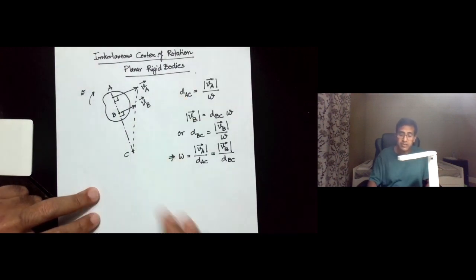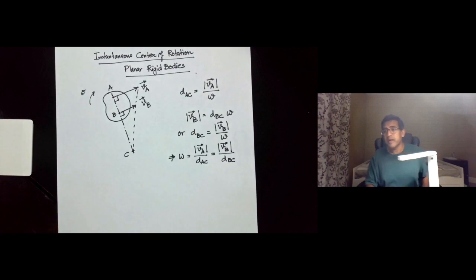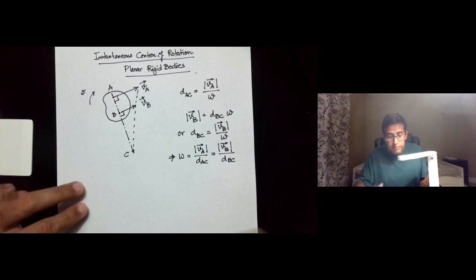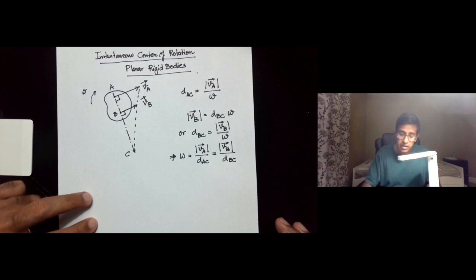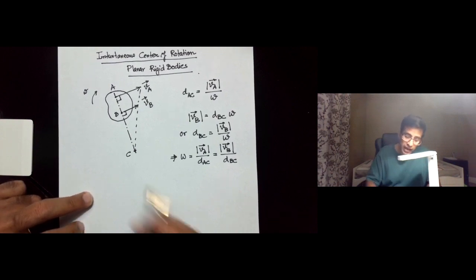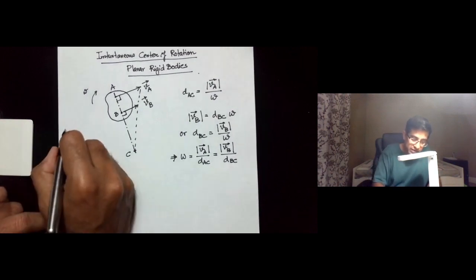So this is another situation. This is a situation where the instantaneous center can still be found out, but the way to find out the instantaneous center geometrically is a little bit different.